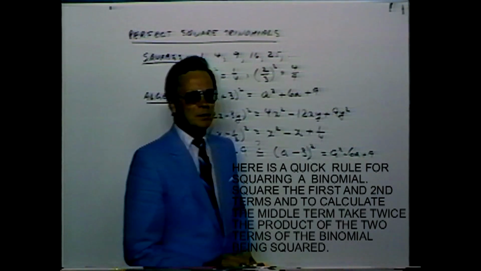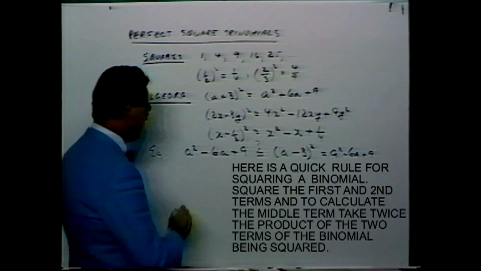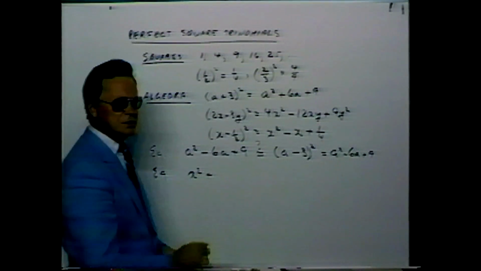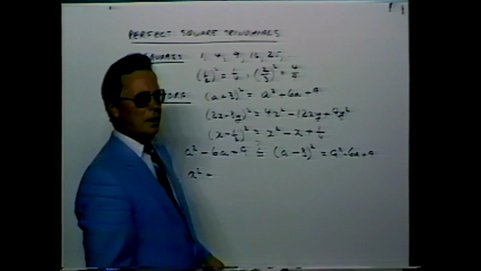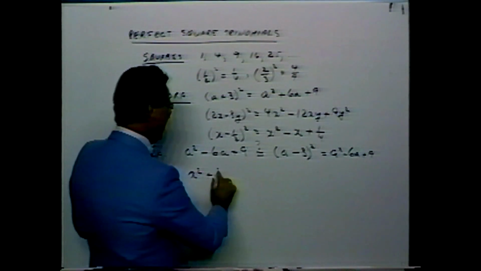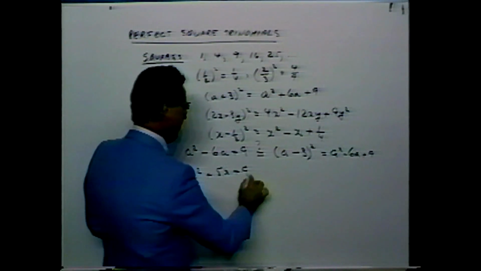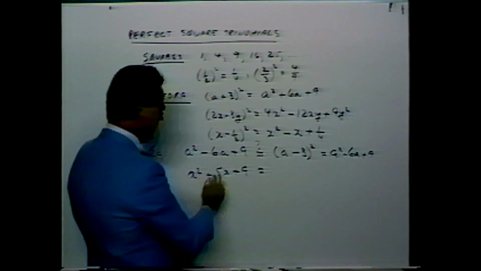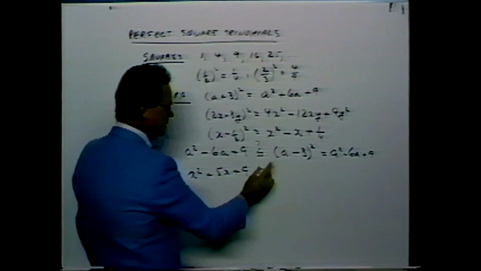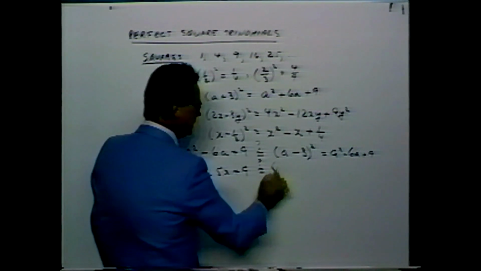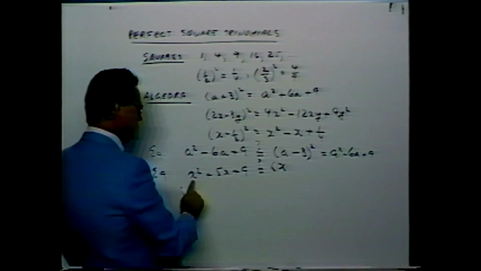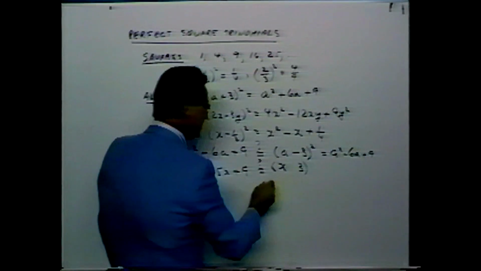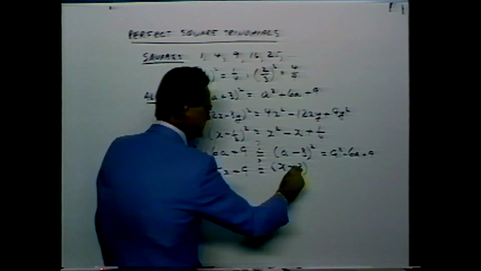Here's another example. Is x squared plus 5x plus 9 a perfect square? Well, if it is, then the first term would be x, and the last term would be 3, and the sign in between would be positive.